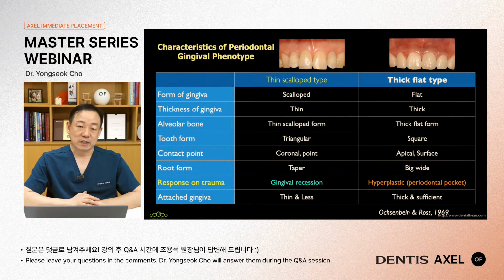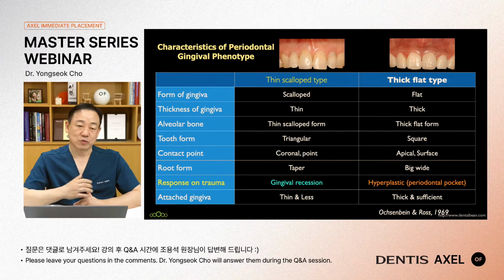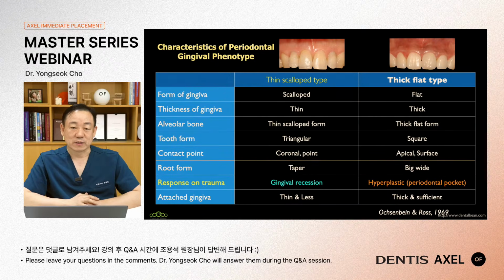And we must consider the gingival phenotype. We simply classify thin scallop type or thick flat type. Okay. The most important thing in gingival phenotype is response to trauma. Okay. Extraction is a trauma, and our surgery is also trauma to patient.